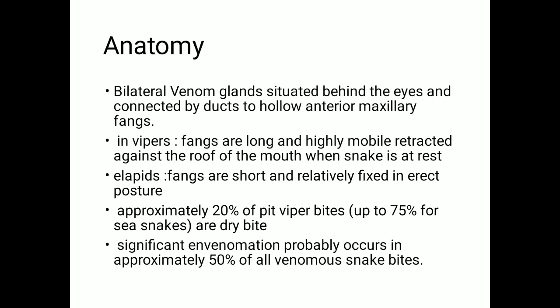In vipers, fangs are long and highly mobile, and they are retracted against the roof of the mouth when the snake is at rest. Whereas in elapids, fangs are short and relatively fixed in posture.